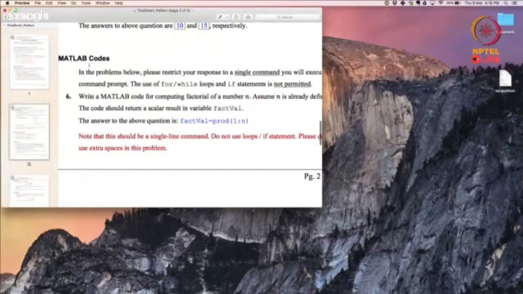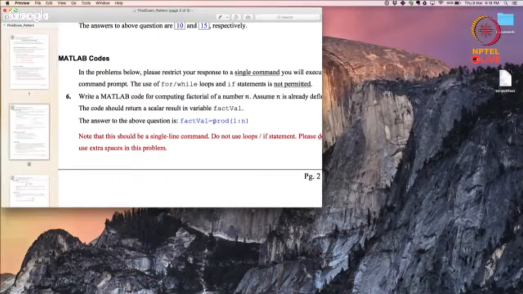The next question is to write a single line MATLAB code. The single line MATLAB code example that I've given over here is write a MATLAB code for computing factorial of a number n. So given a number n, how do we compute factorial? We had gone over that in the first module. To compute the factorial, you can use the command prod.